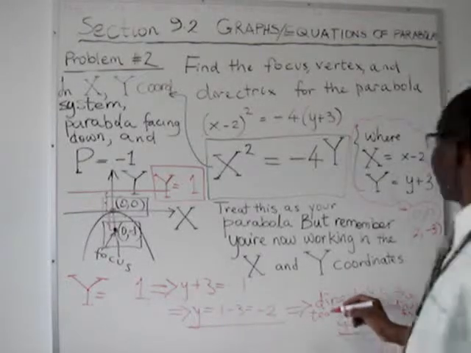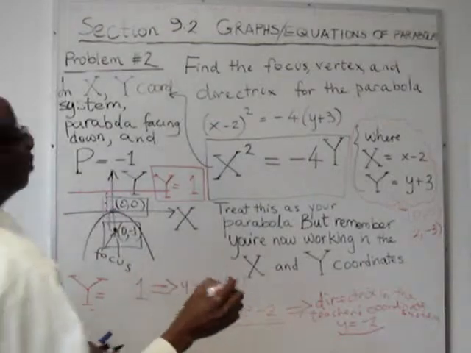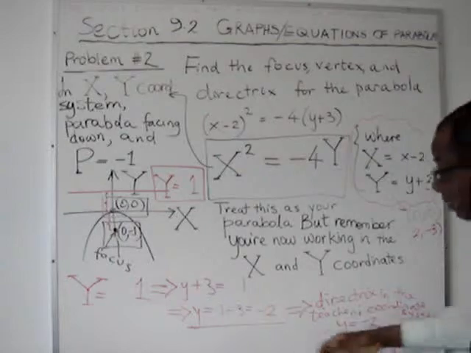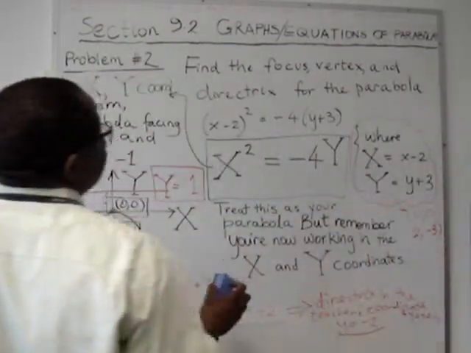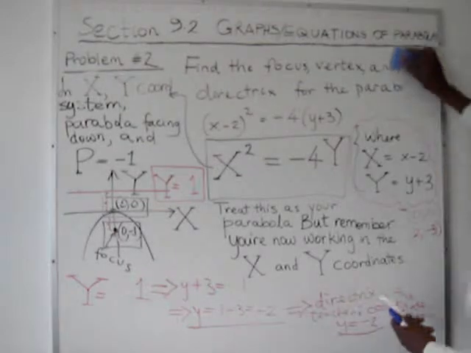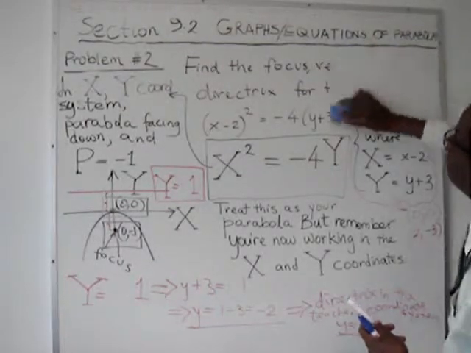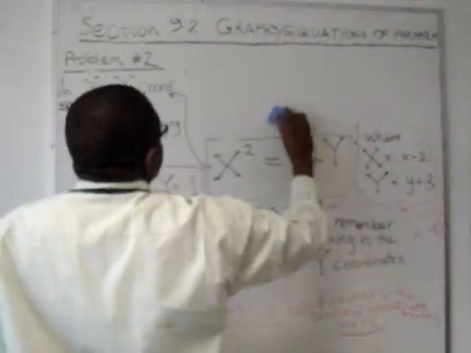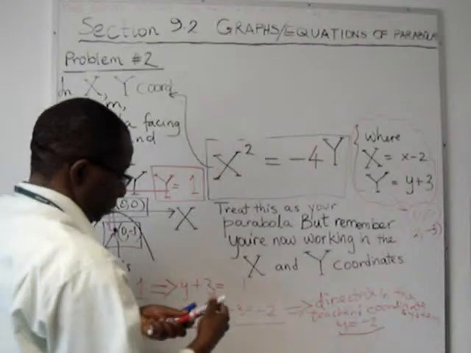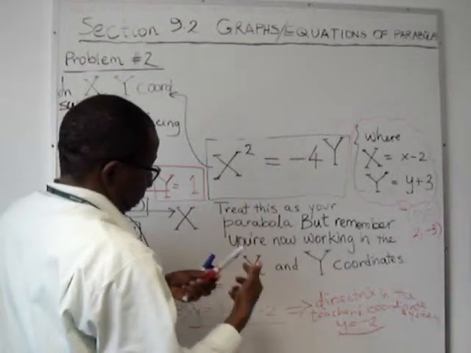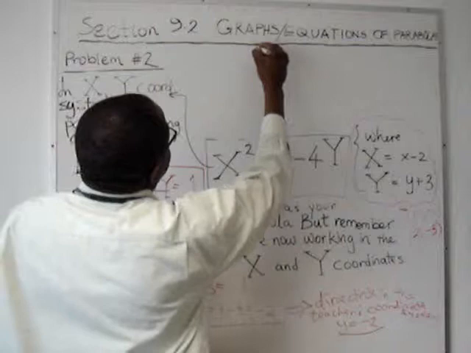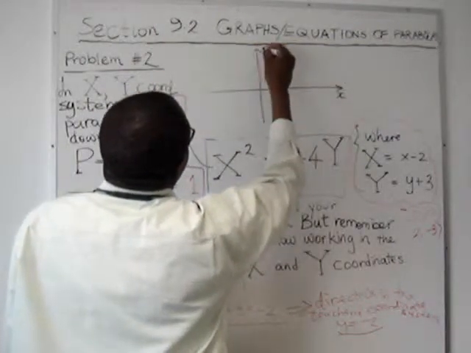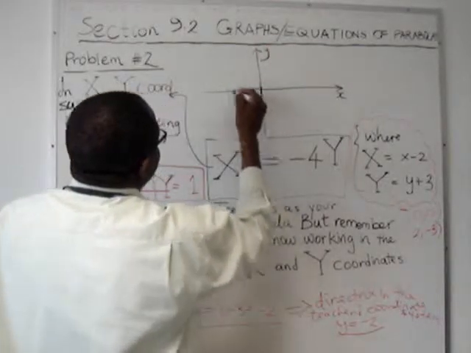So in fact, we can now get an idea of what that parabola looks like. Let me erase somewhere here. That parabola, now in the regular little x, little y coordinates.